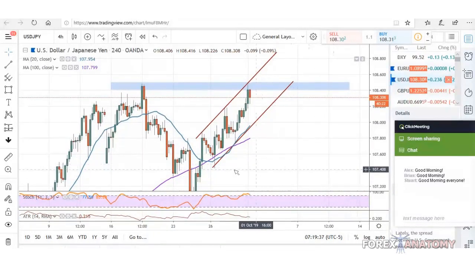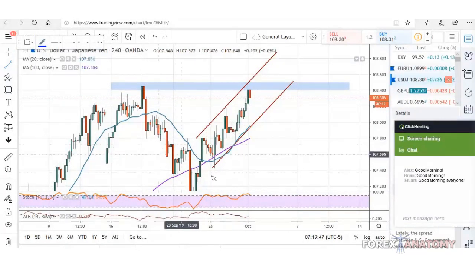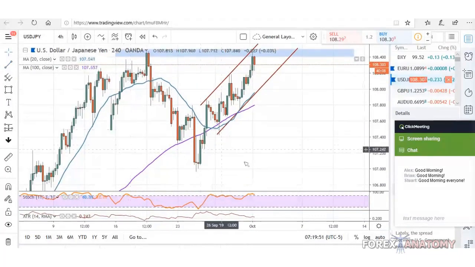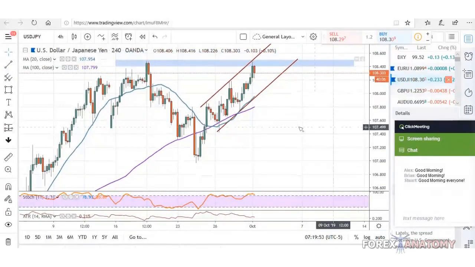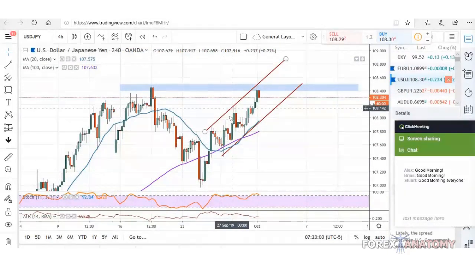Because this move right here is really a harmonic move. And let me just show you guys. Let me just drag this up, and let me make this a little smaller. If you look at this move here, what we have is almost like an inverted head and shoulders. We have this left shoulder, head, right shoulder, and then price pushed up.